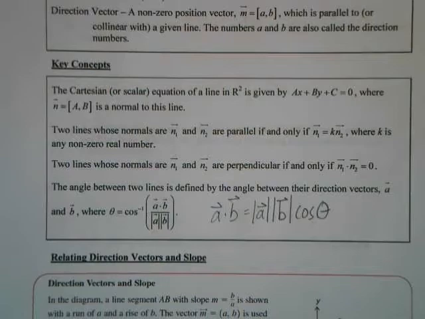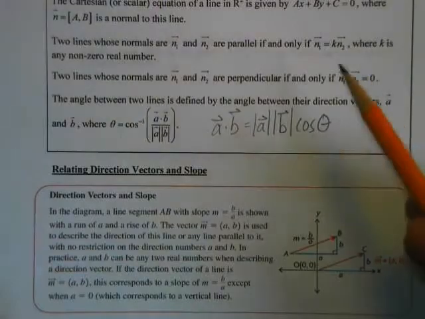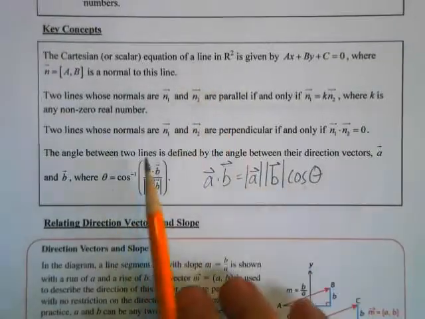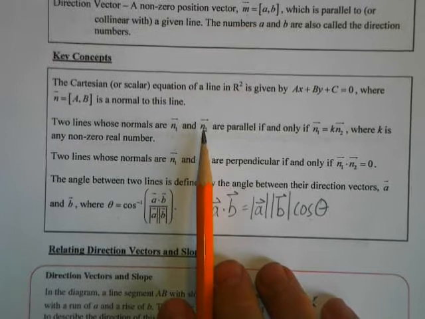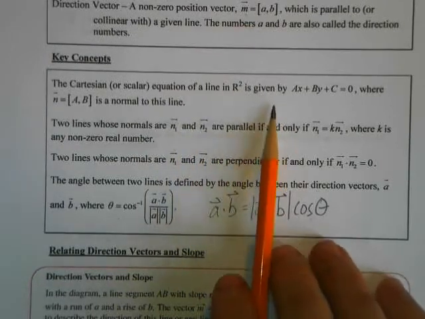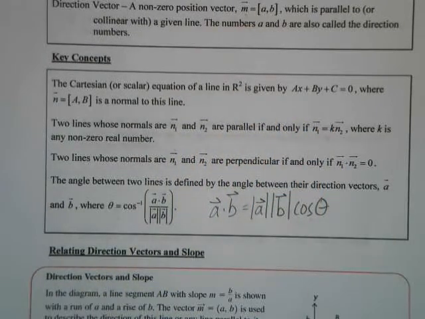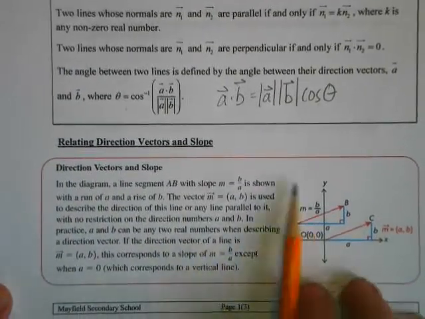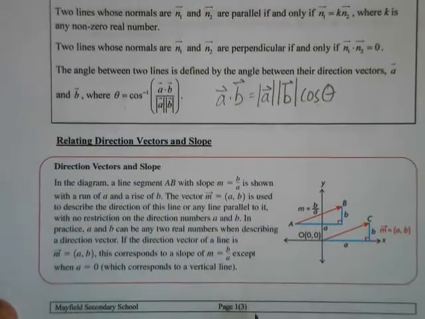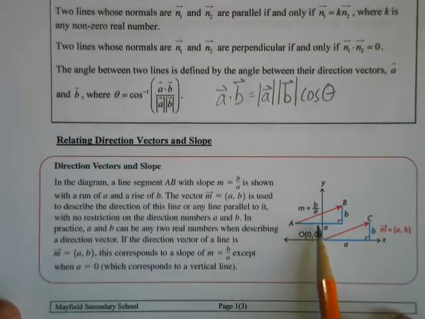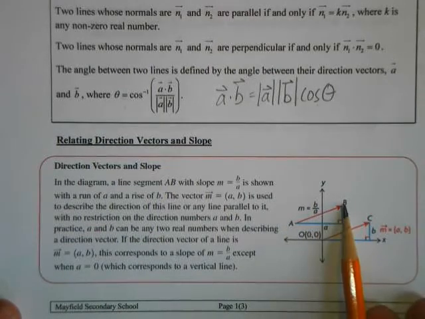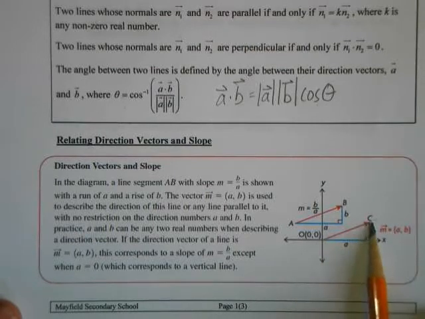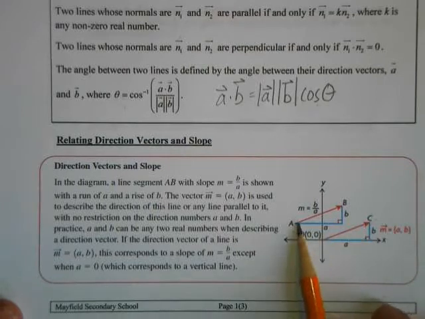Just to find the angle between two lines. Now, we've already noticed the parallel between the Cartesian equation, which was ax plus by plus c equals 0, back to grade 9 when we did equations of lines. If we relate vectors with slope, this is a nice little exercise. The direction vector is down here, OC is the direction vector for this line here.